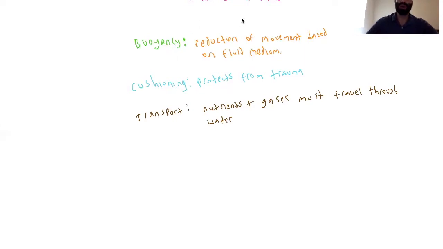Now, talking about the composition. The composition is going to be, well, not much of anything, because the CSF is extremely selective as far as what can diffuse in and out of the structure called the choroid plexus. Mainly it is going to be few to no proteins.